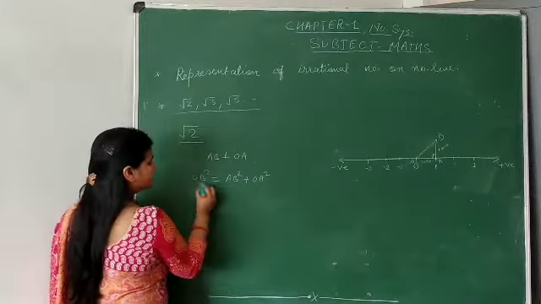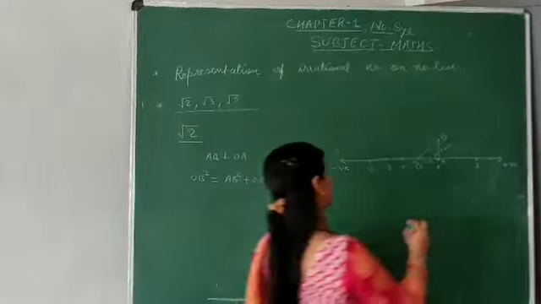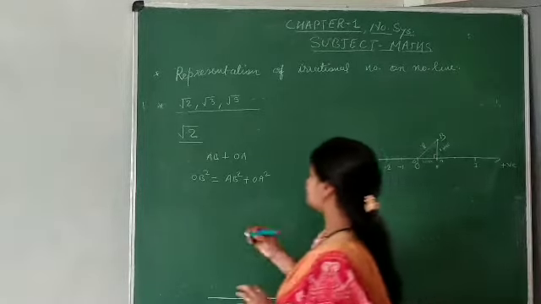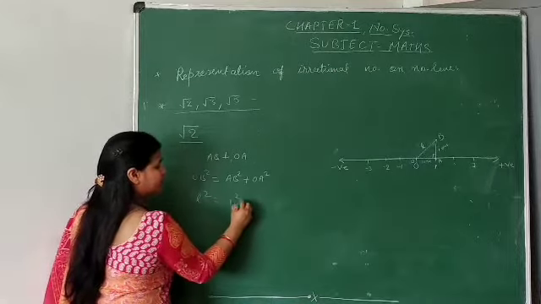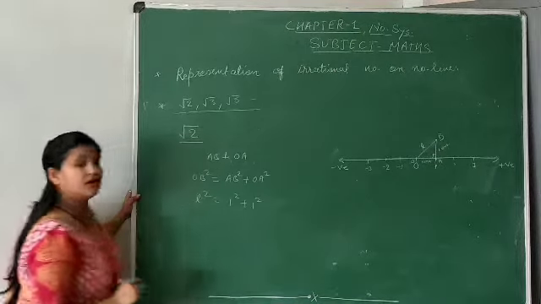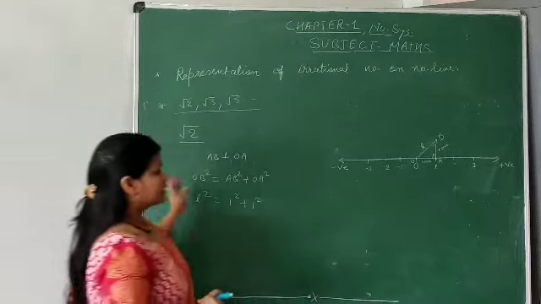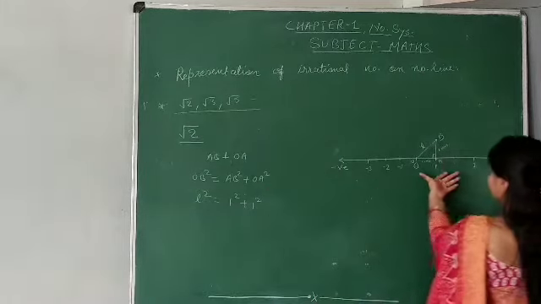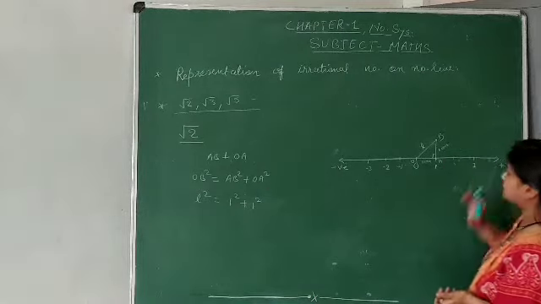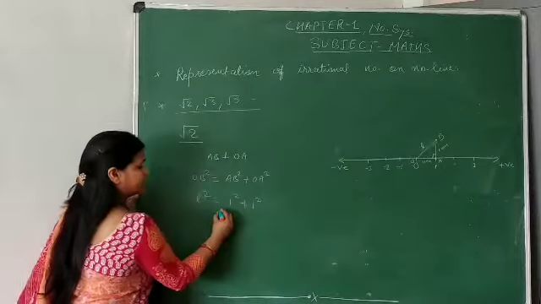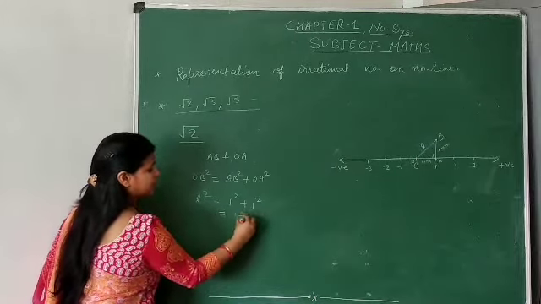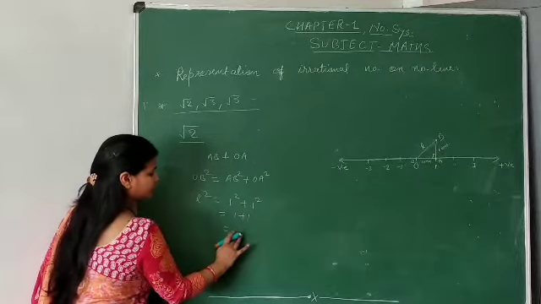So by Pythagoras theorem, hypotenuse square is equal to perpendicular square plus base square. Now take the distance of OB as L. So L square is equal to 1 square plus 1 square. Why? Because the distance of OA is 1 unit, and AB is also 1 unit. So it is 1 plus 1, that is 2.